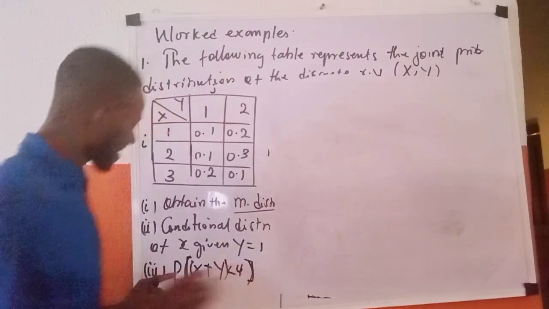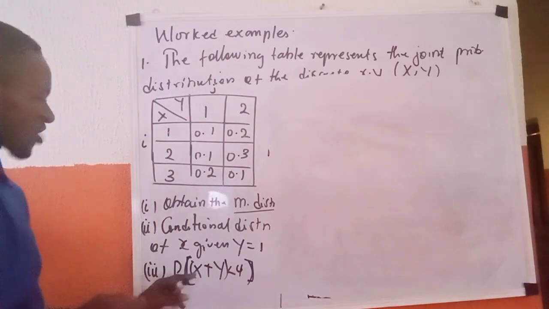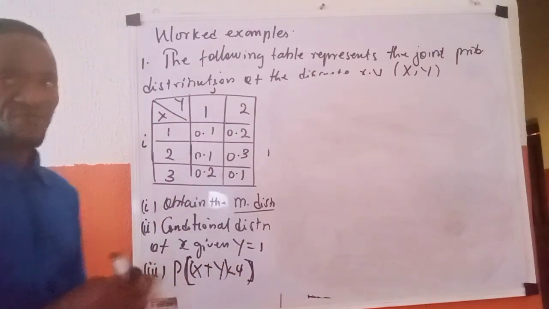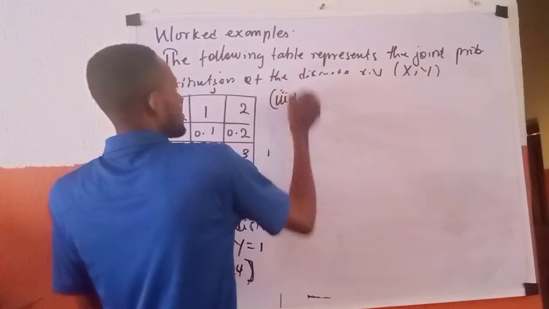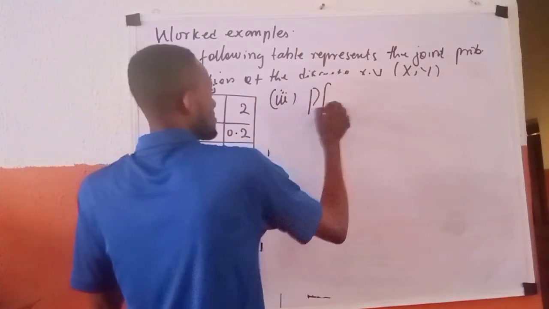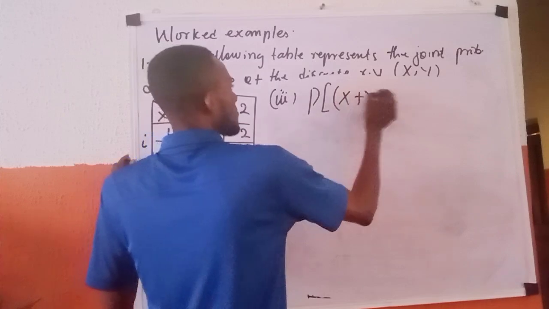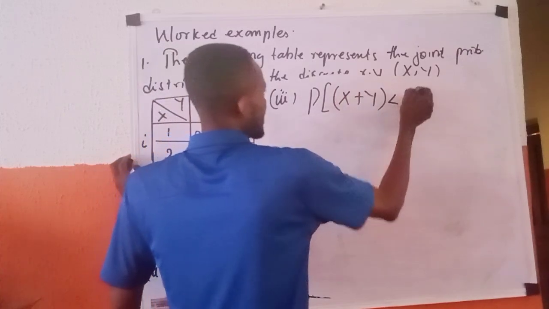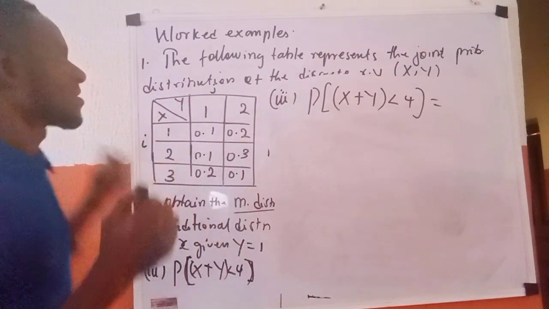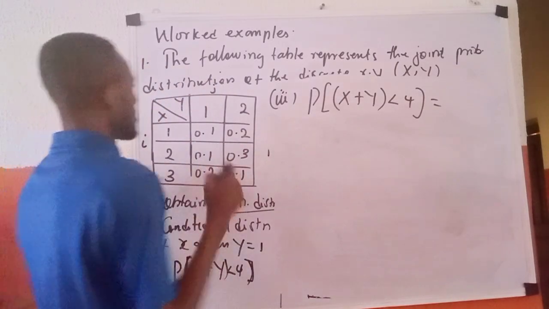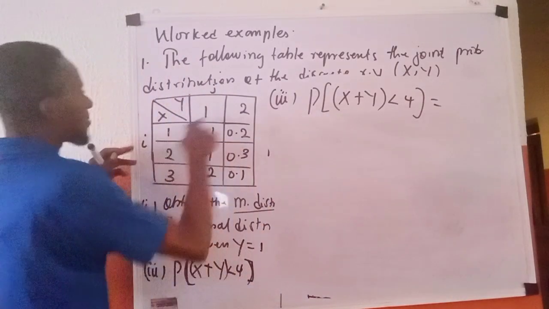Okay, the last question says we should get the probability that the sum of x and y should be less than 4. That one is very simple. So I say probability that capital X plus capital Y is less than 4. So we now come here. Of course, we begin with 1 plus 1.